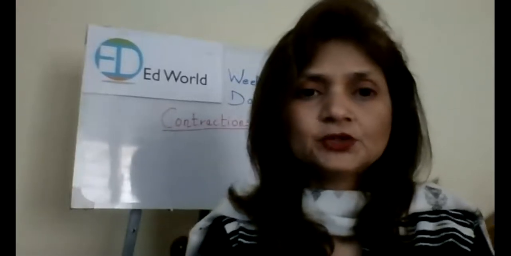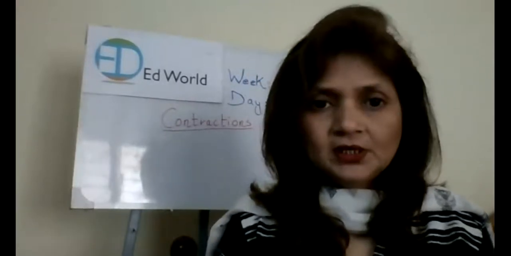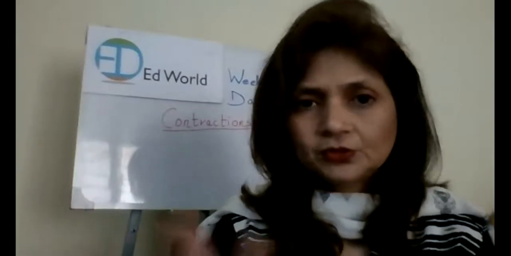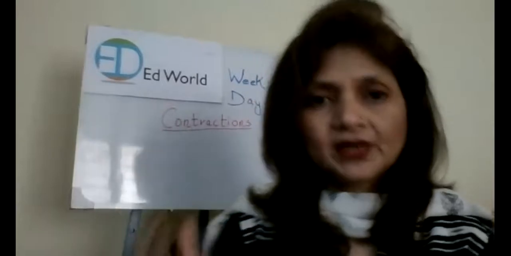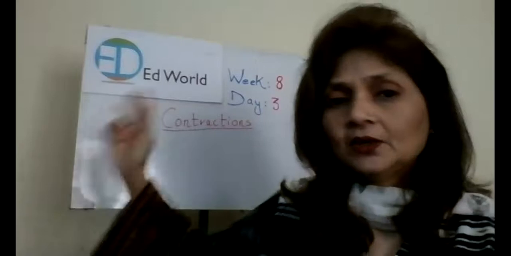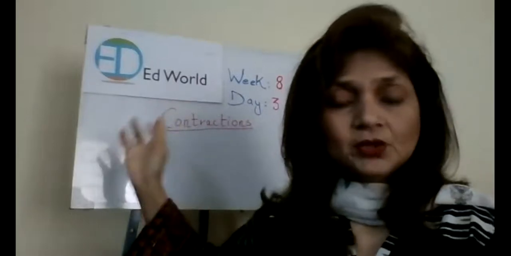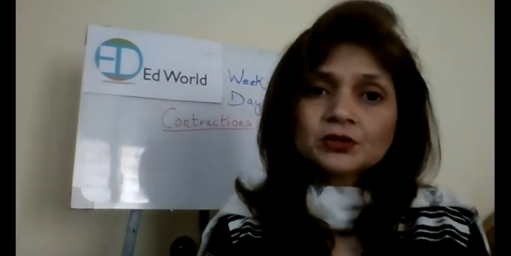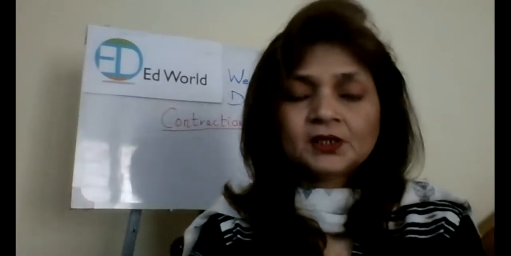We use the short form of some words to make it easier for us to write and read, right? So those short words are called contractions. What are they called? Contractions.